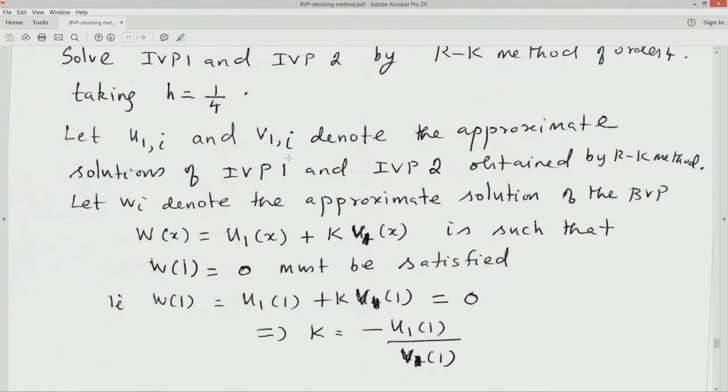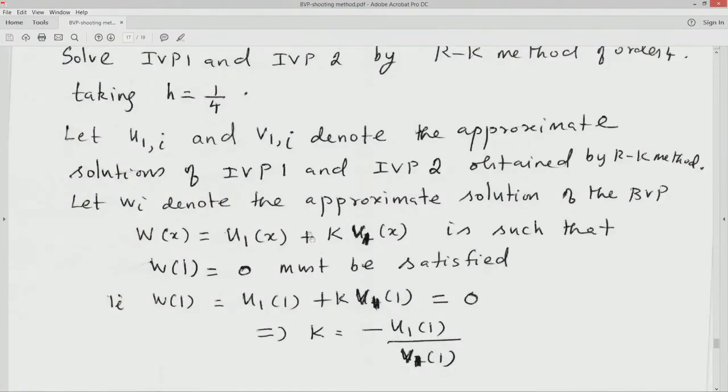Then, if the approximate solution of the boundary value problem is denoted by w of x, then w of x is given by u1 of x plus k into v1 of x. And how do we determine this k? It is determined by imposing the condition that w at the other end point 1 must be equal to whatever is prescribed in the boundary value problem.